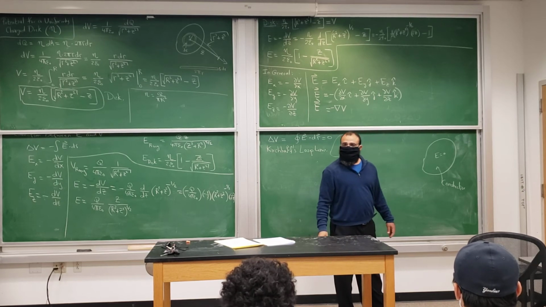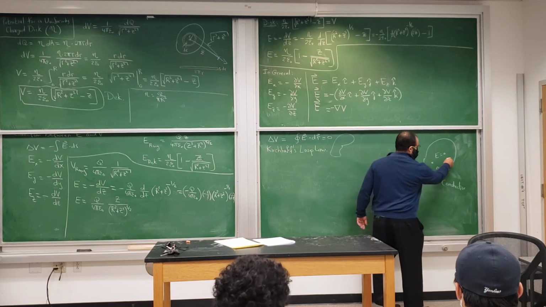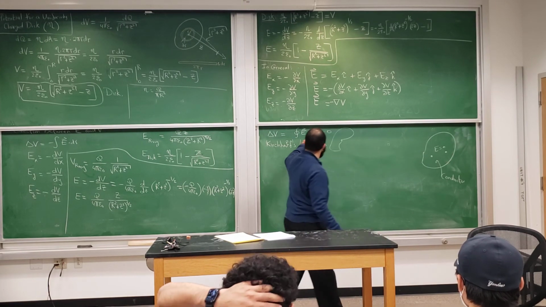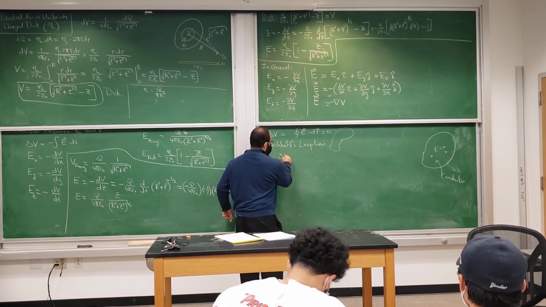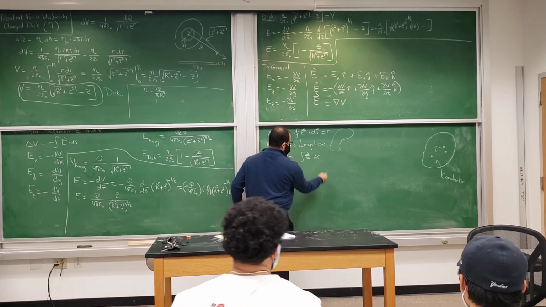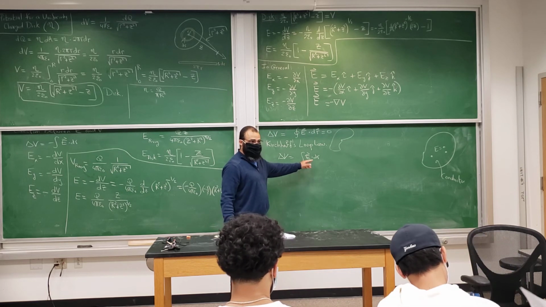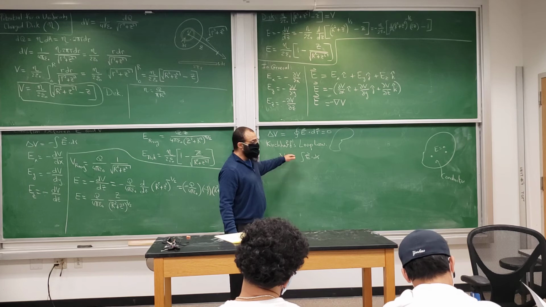And the consequence of that is if the electric field is zero, then the potential at this point must equal the potential at this point. Why? Well, look at the definition of the change in potential. Change in potential is the electric field dotted with dr, right? So if E is zero, then E dot dr is zero, and you add infinitely many zeros, you still get zero.